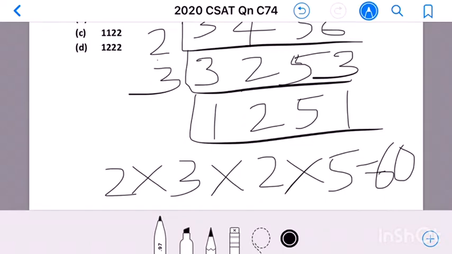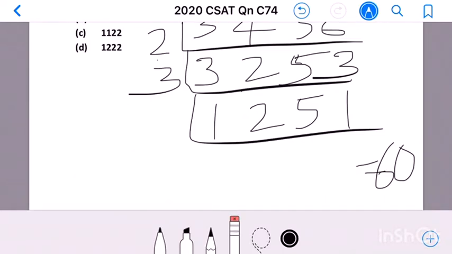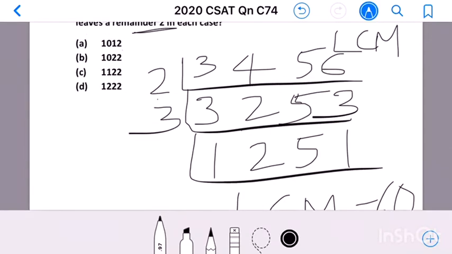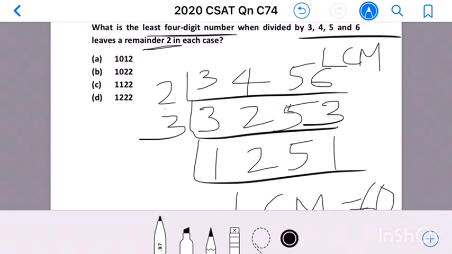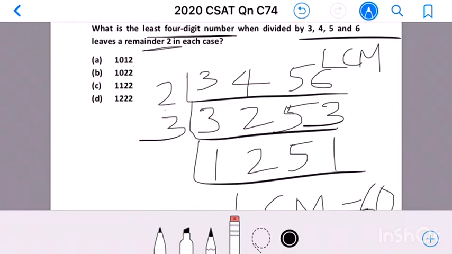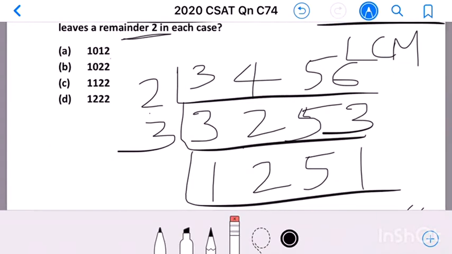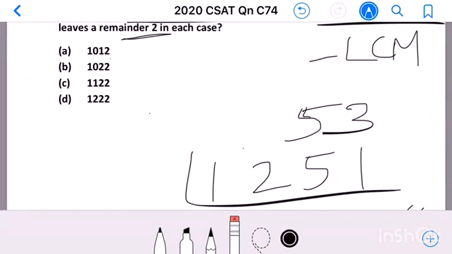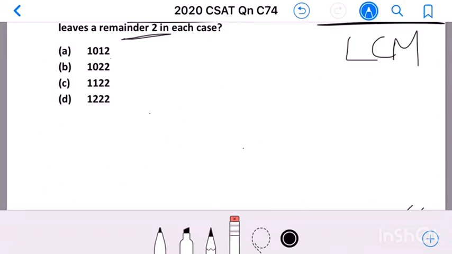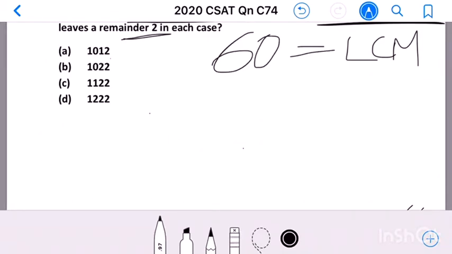This is the LCM. Now divide these 4 options by the LCM 60. First divide 1012 by 60.